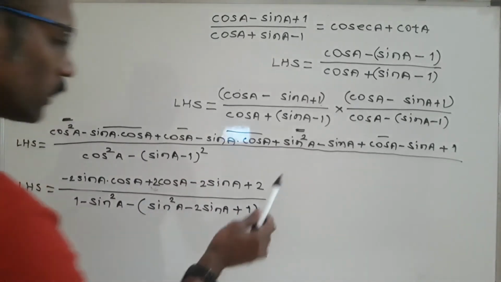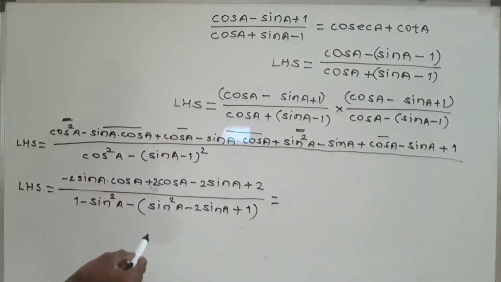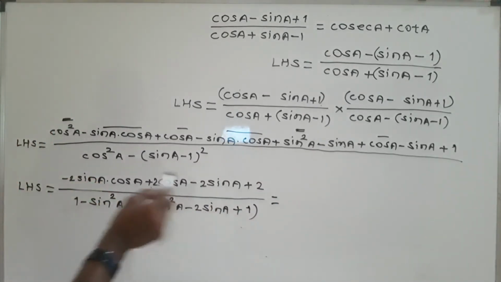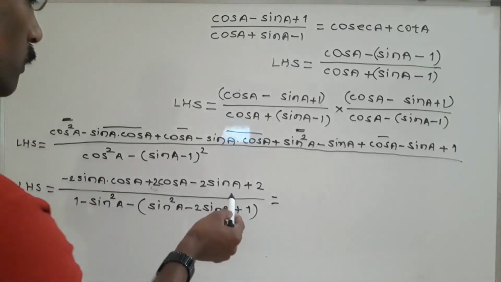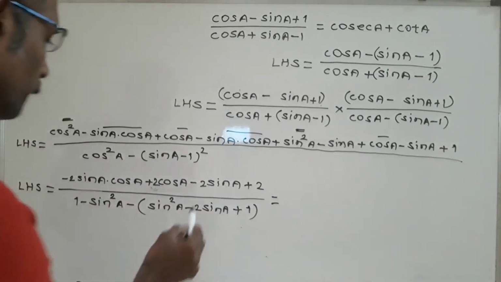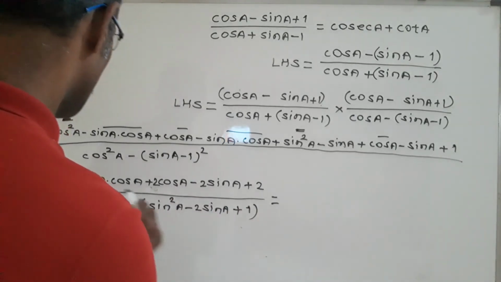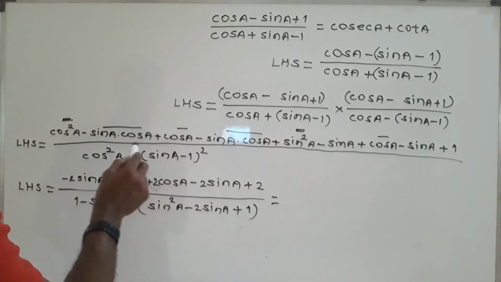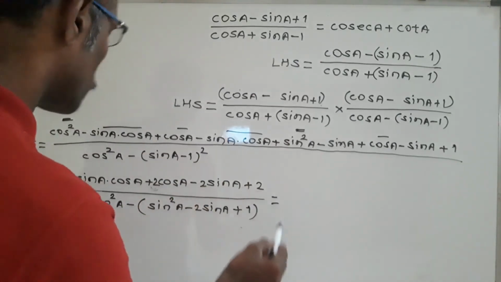Okay, then see this, we take these two terms together, then we write here minus and plus 2 cos A minus, okay.